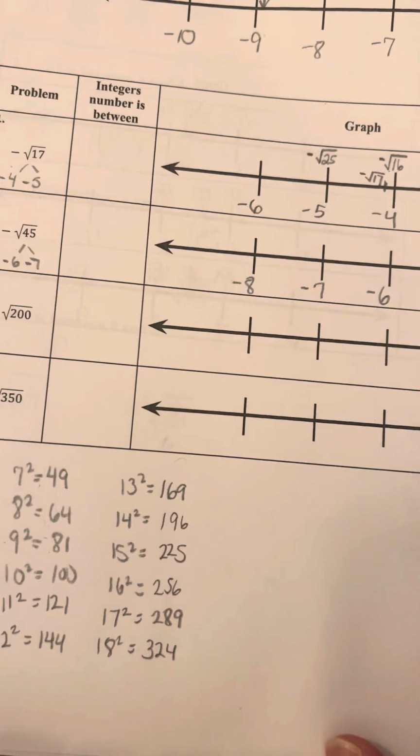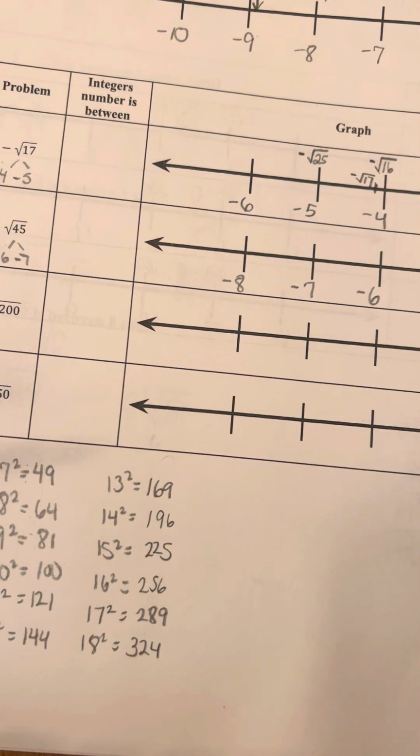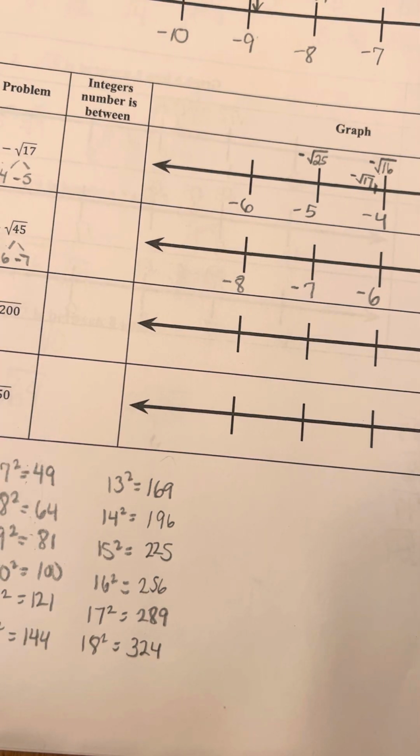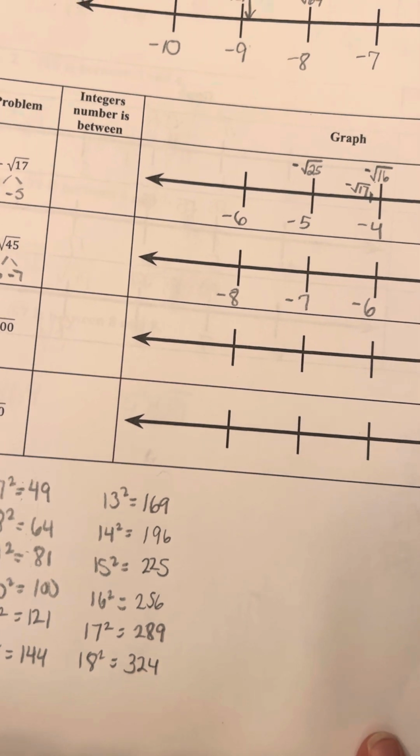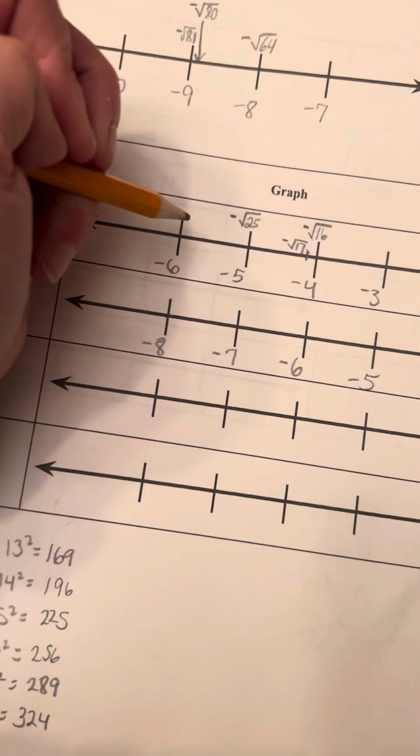All right, and then we're going to look at this. So 45 is closer to 49 than it is to 36. 45 is only 4 away from 49, whereas it's 9 off from 36. So it's definitely much closer to 7 than it is to 6. So what we're going to do is have it closer here to 7.